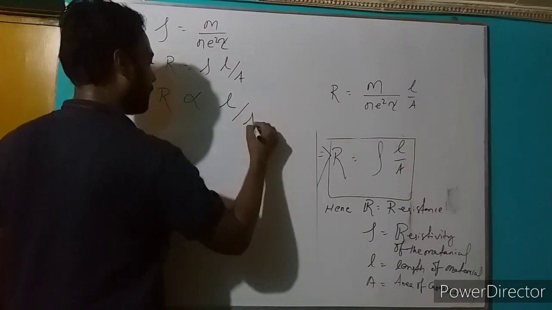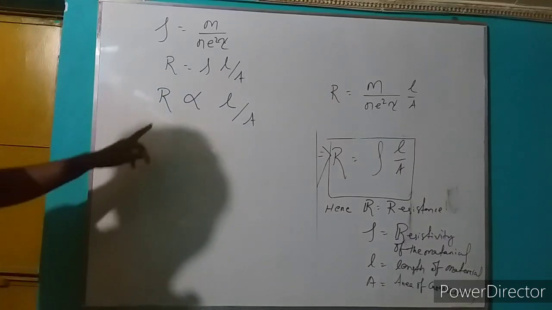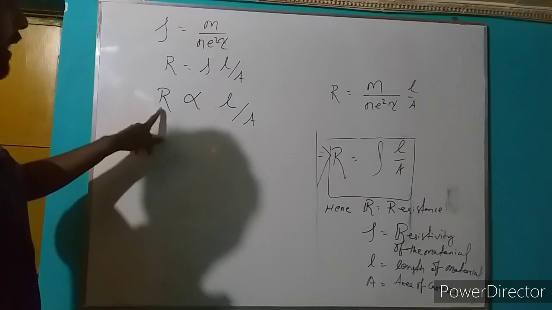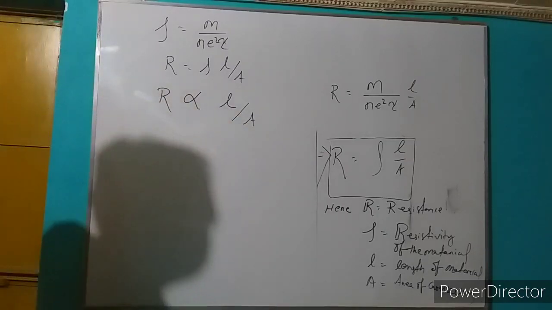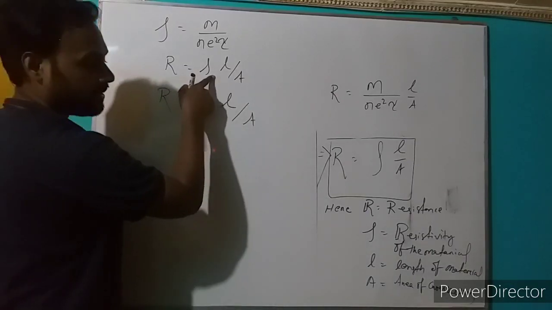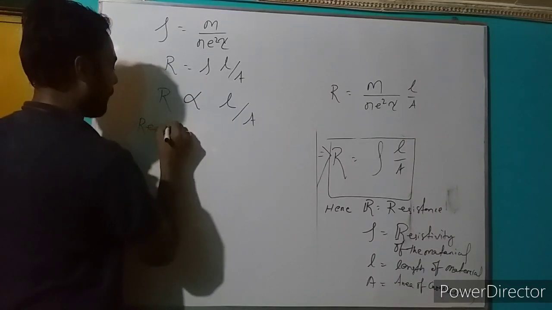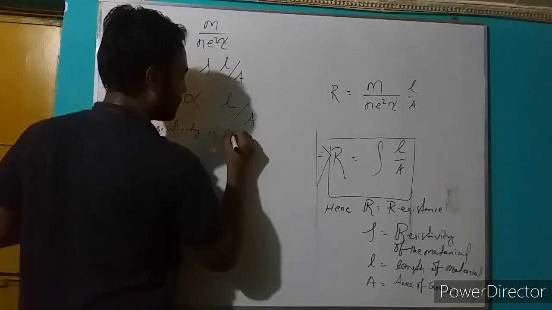That means L by A. R is directly proportional to the length of the conductor and directly proportional to 1 by area of cross section. Clear? But resistivity is a constant quantity. Resistivity is constant.